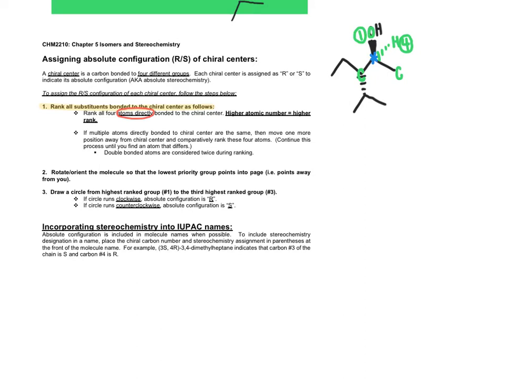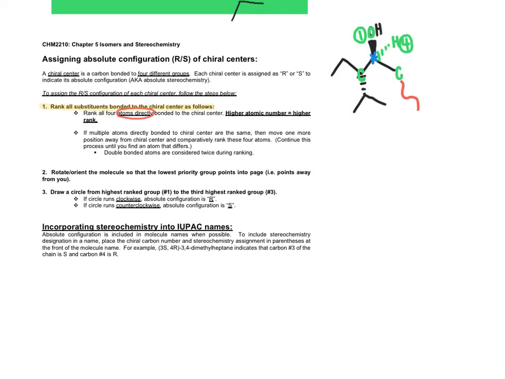The way that we are going to rank them relative to one another is we're going to ask ourselves what each of those 2 carbon atoms is bonded to next in line, and we are going to choose what of those groups has the higher atomic number. So the carbon atom on our right here, I'm going to go ahead and change my color designation here to red to specify that now we're looking not at the atom that's directly connected to the chiral carbon, but we're looking 1 atom further down the chain.